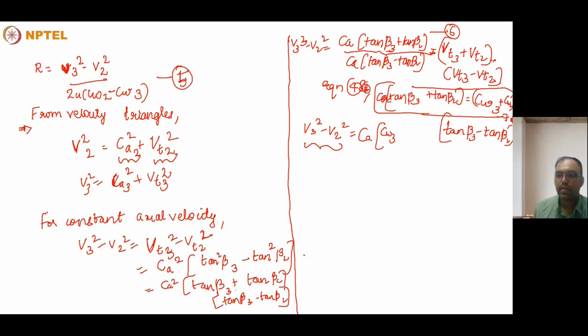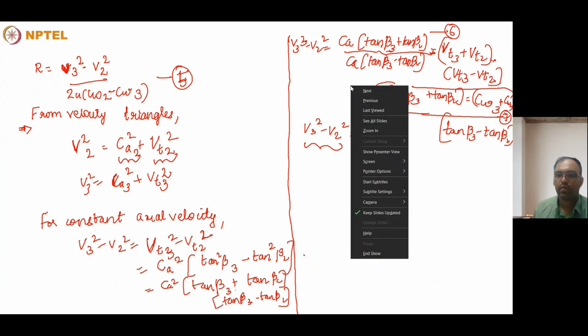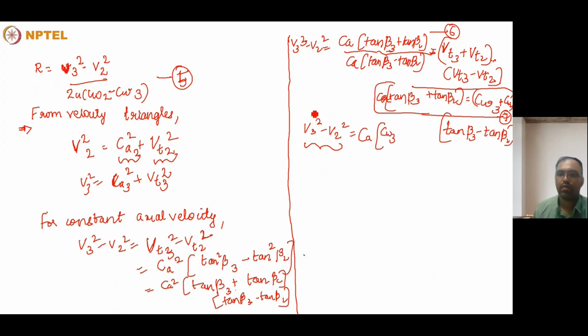So from 4 and 7, CW3 plus CW2 into tan beta 3 minus tan beta 2.